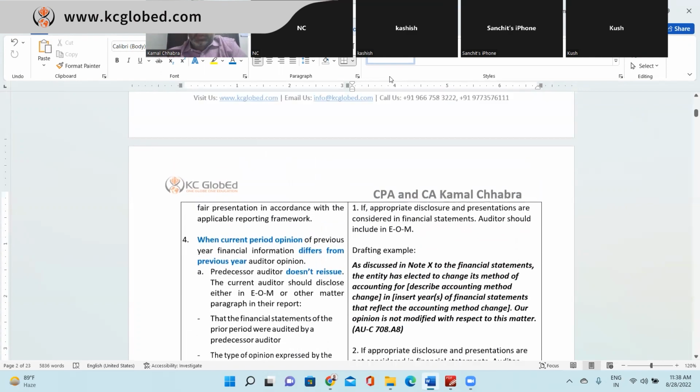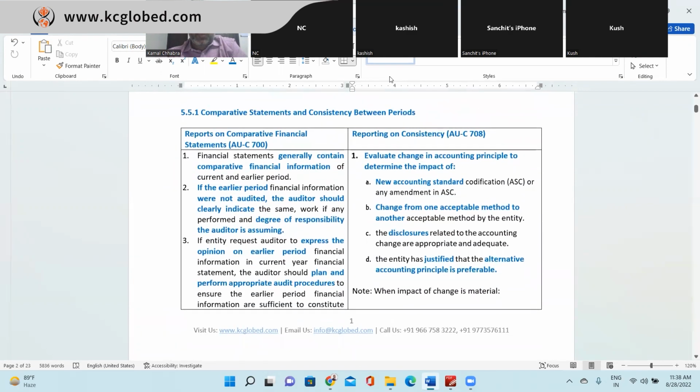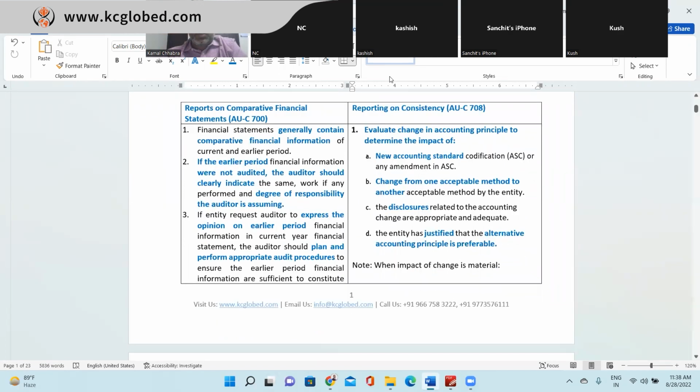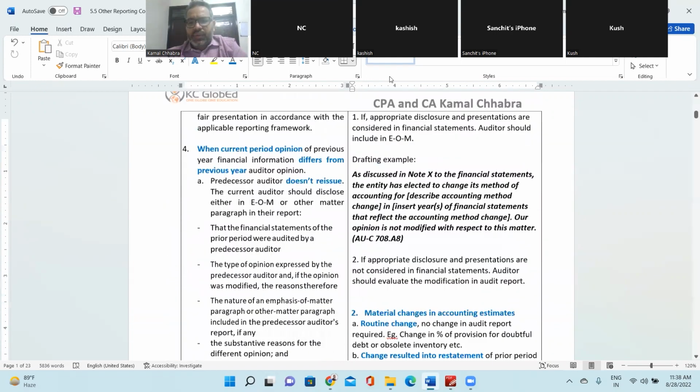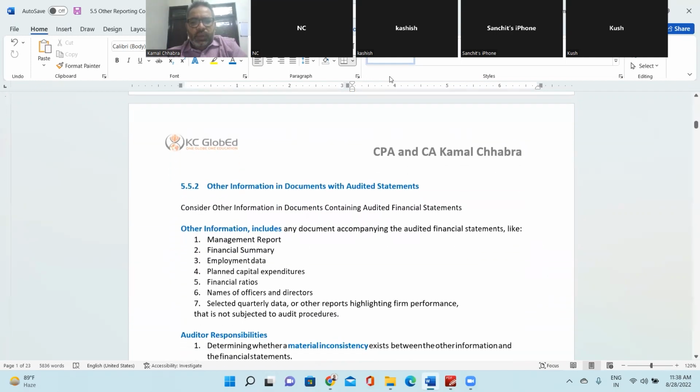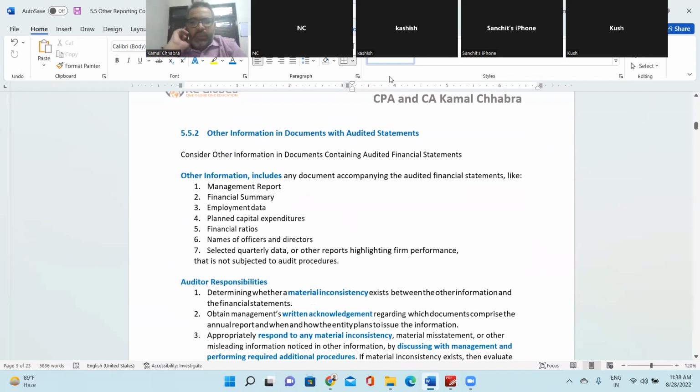Right. So this is about the first point, comparative statements and consistency between the two periods as per auditing standard codification 700 and 708. Now we are coming to the second main topic, which is other information in documents with audited statements.